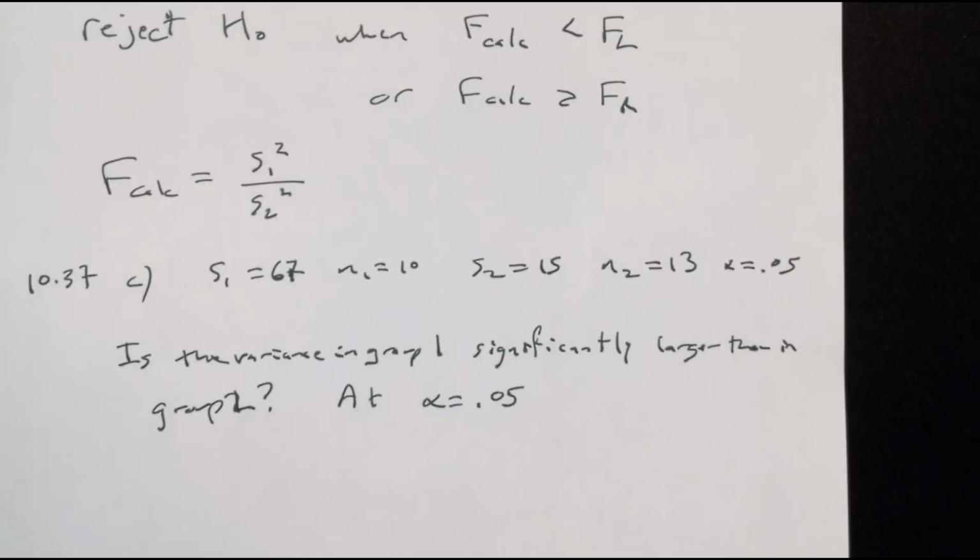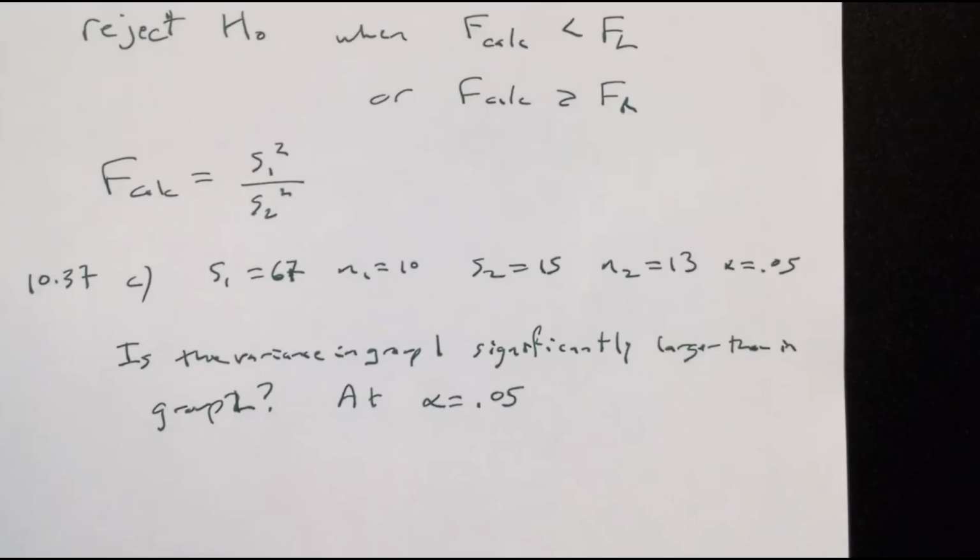Am I doing a left, a two, or a right tail test on these variances? Legitimate question.